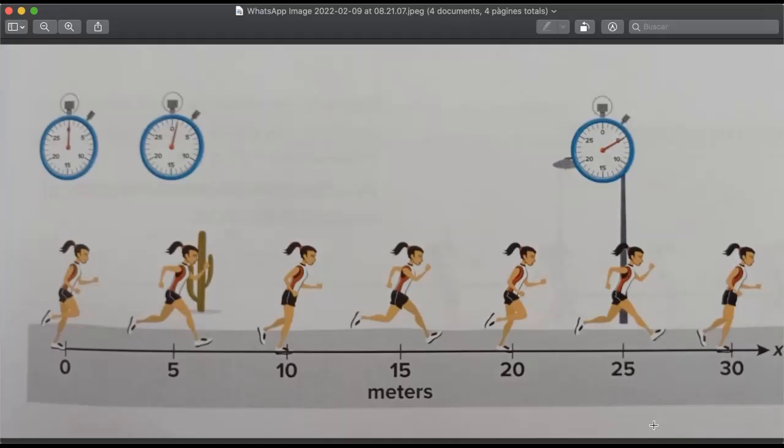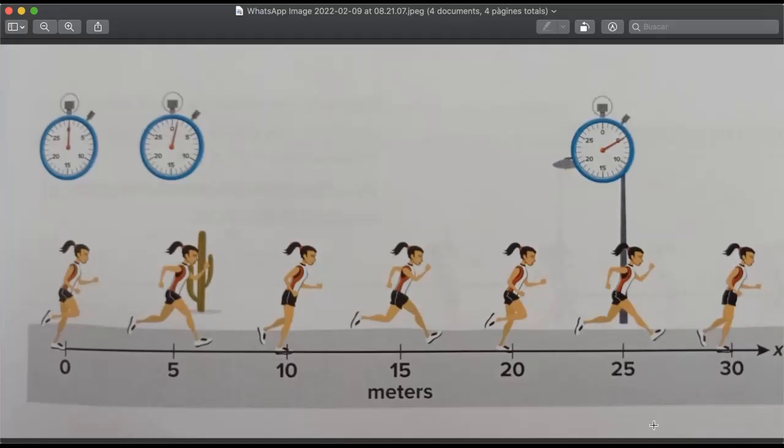But if you look at the stopwatch, it appears to be 5 seconds. Okay, 5 seconds is the time that she needs to arrive at the lamppost from the beginning.